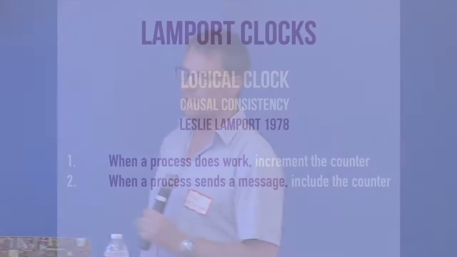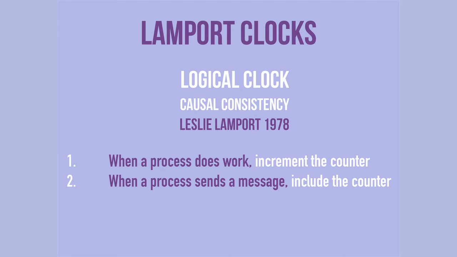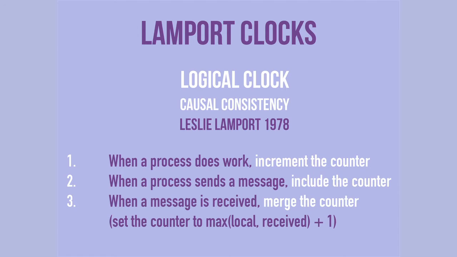So when a process does work that is important, it increments the counter. And when a process sends a message, it includes the counter. When the receiver receives the message, it takes the counter and merges it with its own counter.